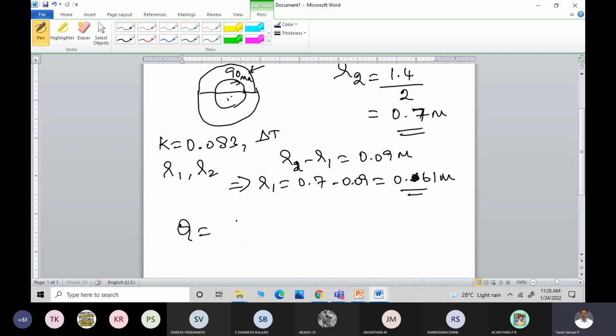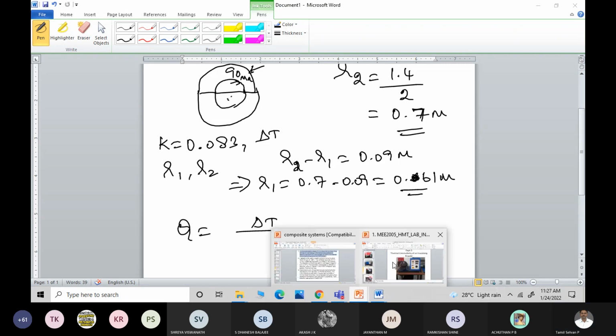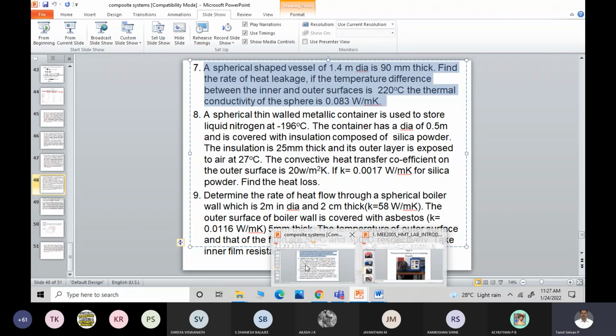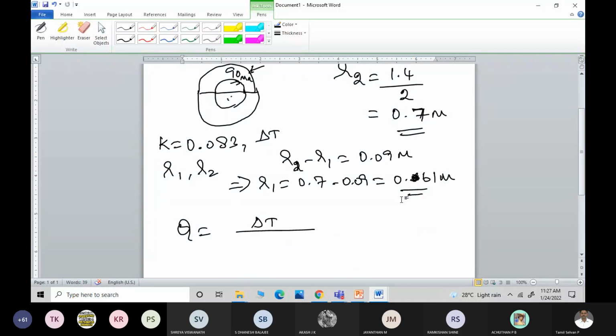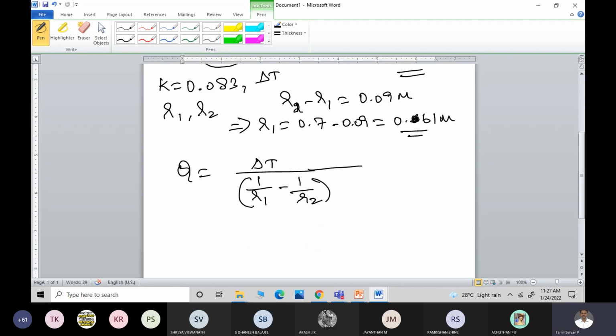Q is equal to, we know the formula, del T divided by 1 by R1 minus 1 by R2 divided by 4 pi k. Am I correct? Yes, sir.